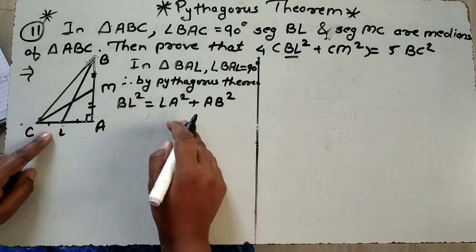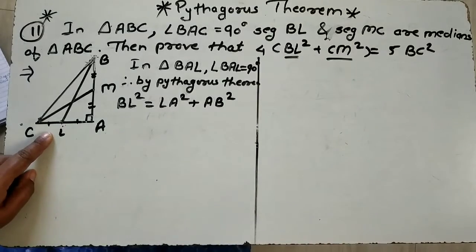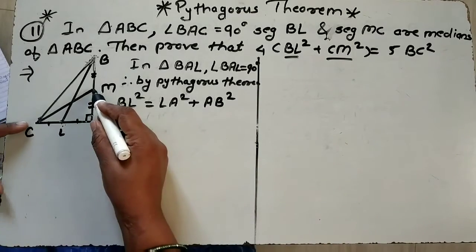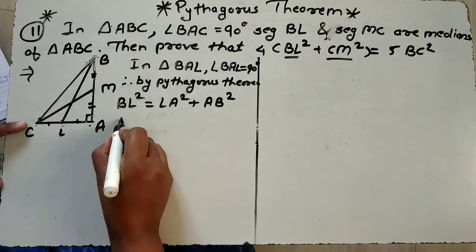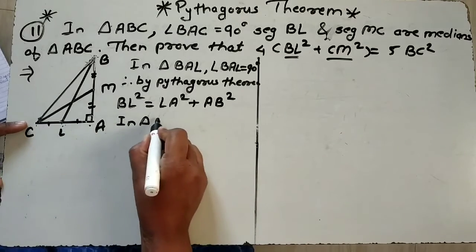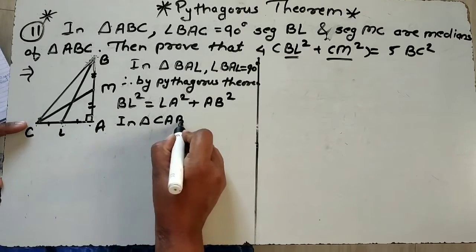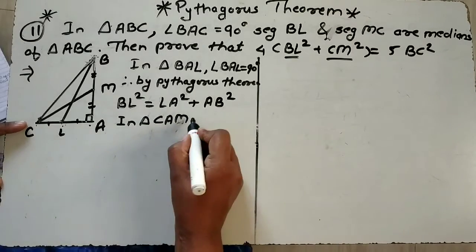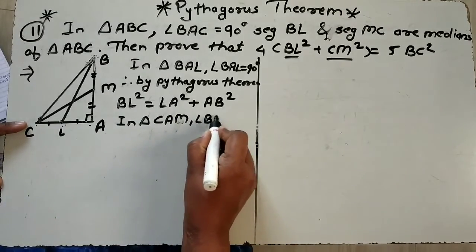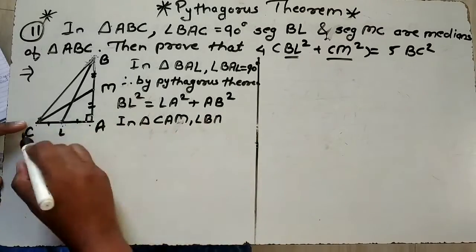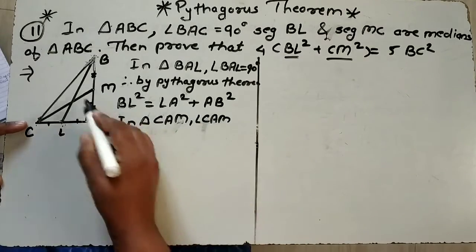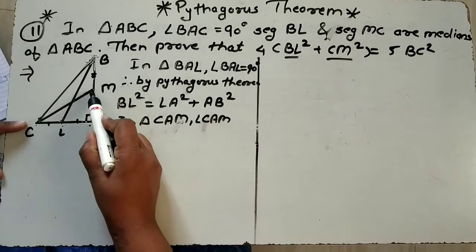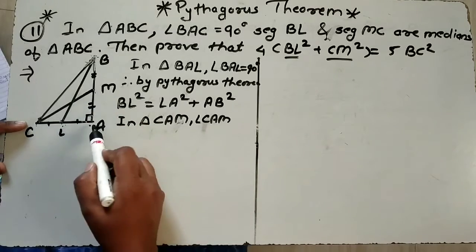Now after this we will find the value of CM square. CM is the hypotenuse of triangle CAM. So we will write here, in triangle CAM, angle MAC or CAM is 90 degrees. We are reading it this way because we are considering this triangle CMA.